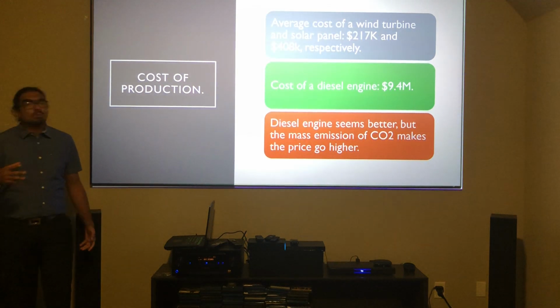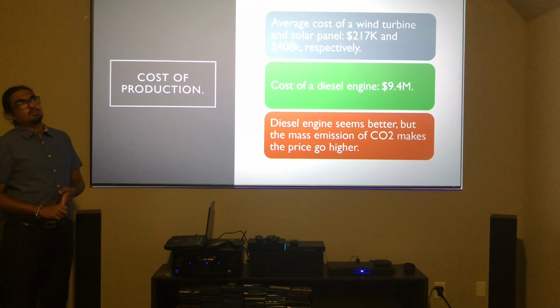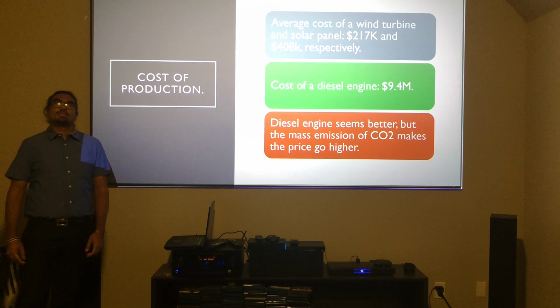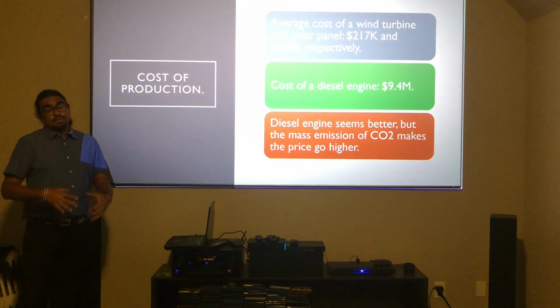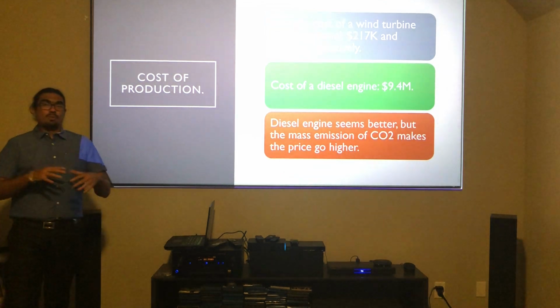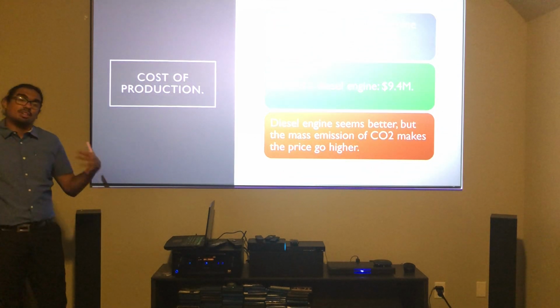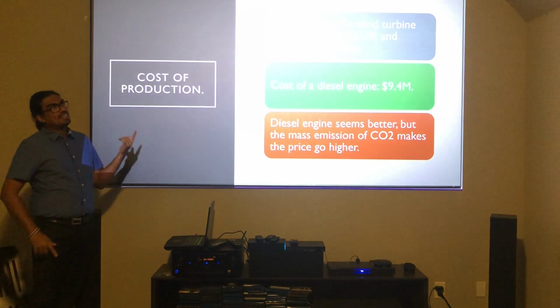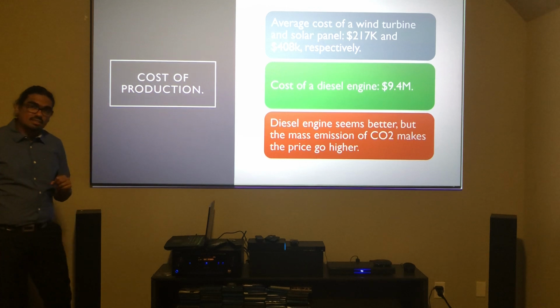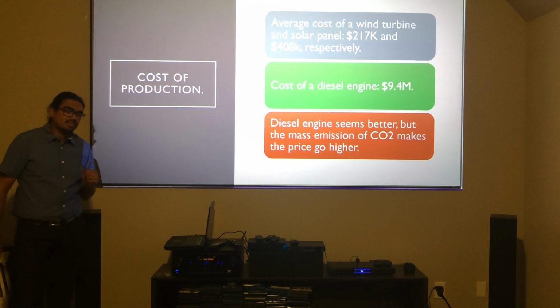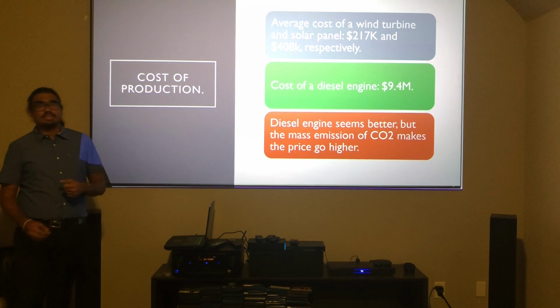What I mean when I say cost of production is how much money it costs to build one wind turbine or one solar panel, and also how much it will cost to produce a wind farm or a solar farm. The price of one wind turbine is around $200,000, and the price of one solar panel is around $400,000.